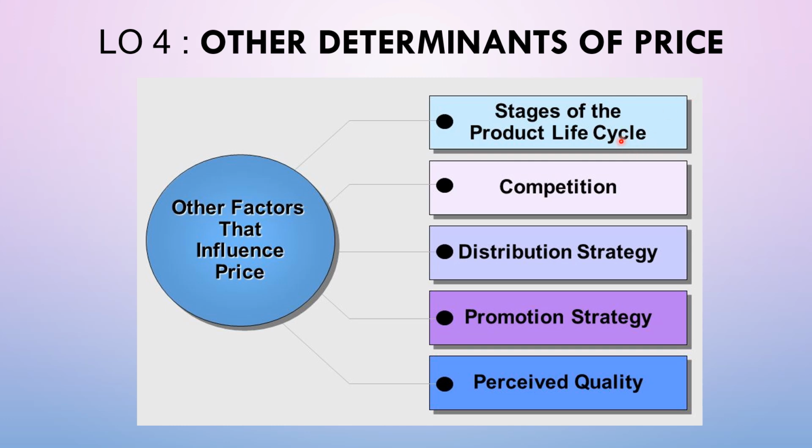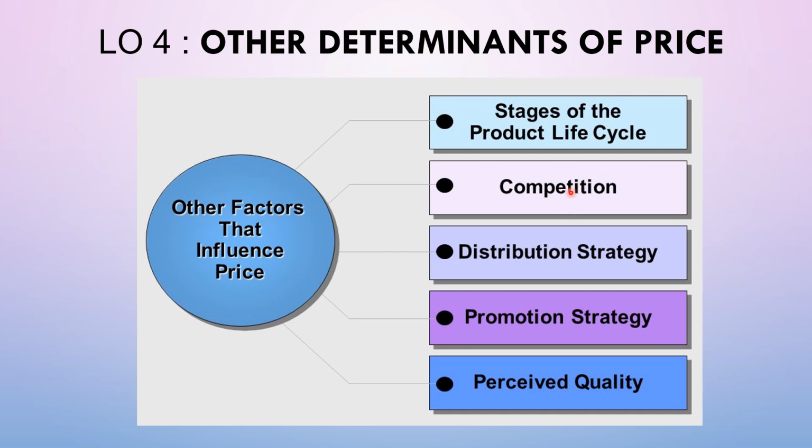Typically, when you just launch a new product, the price could be very expensive because it's a new one, especially talking about a new technology. As it goes through the growth stage and also maturity, and of course the decline stage, prices are typically lowered.